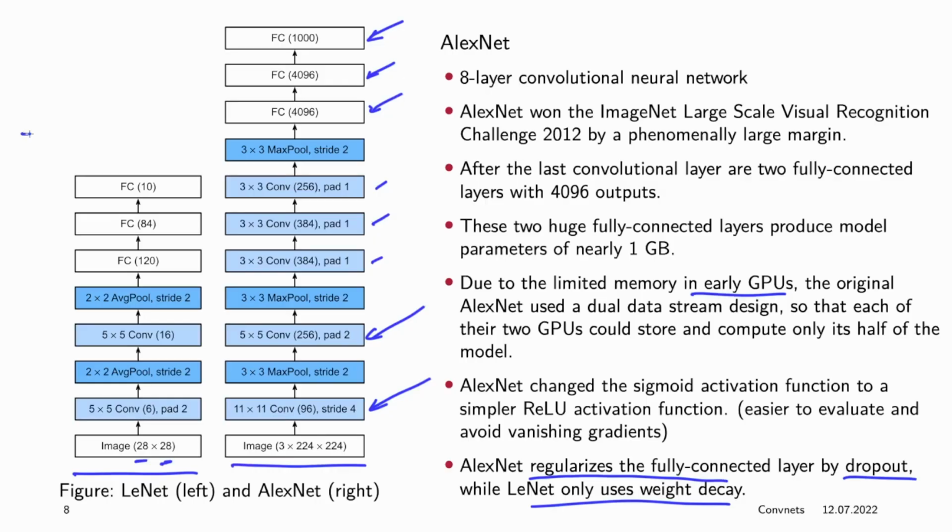While LeNet used a sigmoid activation function, this was changed in AlexNet to the rectified linear unit. So if you have here the sigmoid, that goes from -1 to 1, the tanh function. Here you have the 0. The rectified linear unit instead looks like this.